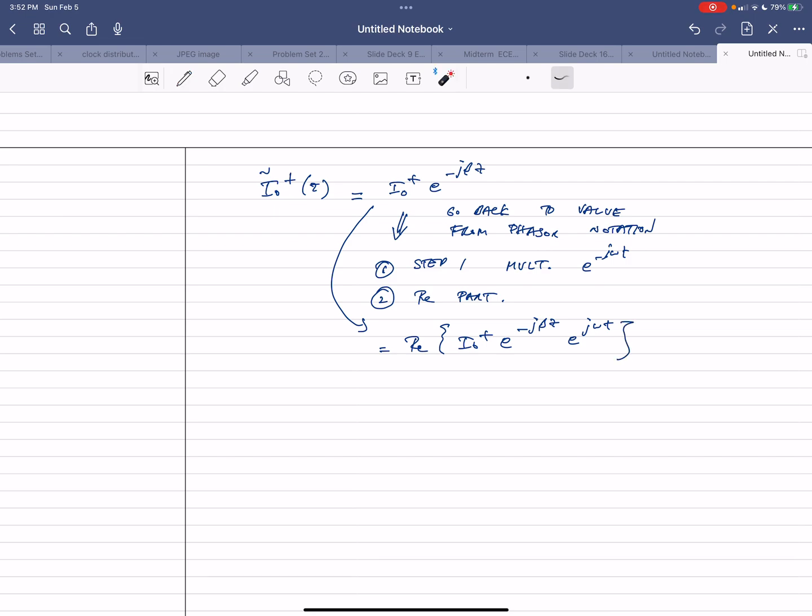So I multiplied by e to the j omega t, and I'm taking the real part of it to get back to the actual function.